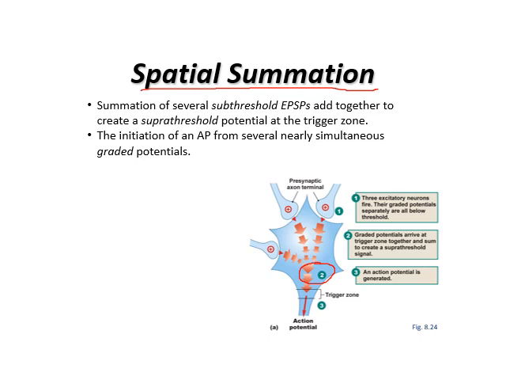This one might be below threshold, this one might be below threshold, and this one might be below threshold. But because they're signaling at the same time, the summation of all of these may lead us to reach negative 55 millivolts at the trigger zone. Okay, so that's spatial, over space. There are multiple neurons. This signal is not happening at the same space.